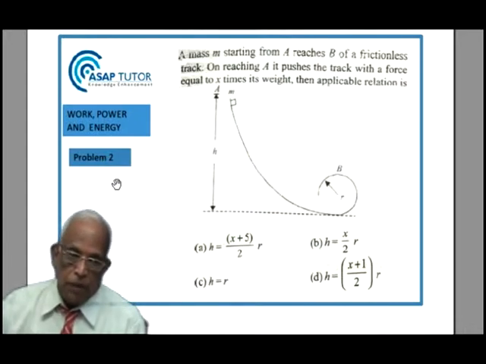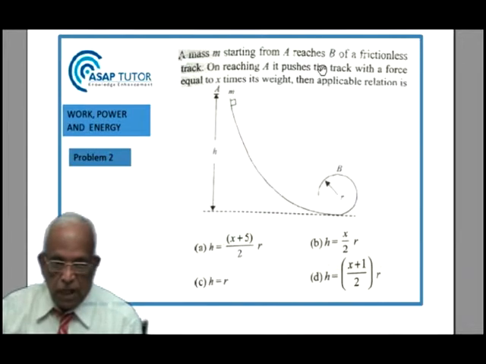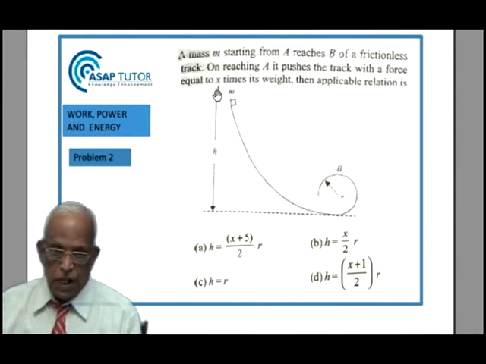Now let's go to problem number 2. A mass m starting from A reaches B of a frictionless track. It starts from A and reaches B. Notice this is the journey of the mass along the so-called loop-the-loop environment. On reaching B, it pushes the track with a force equal to x times its own weight.